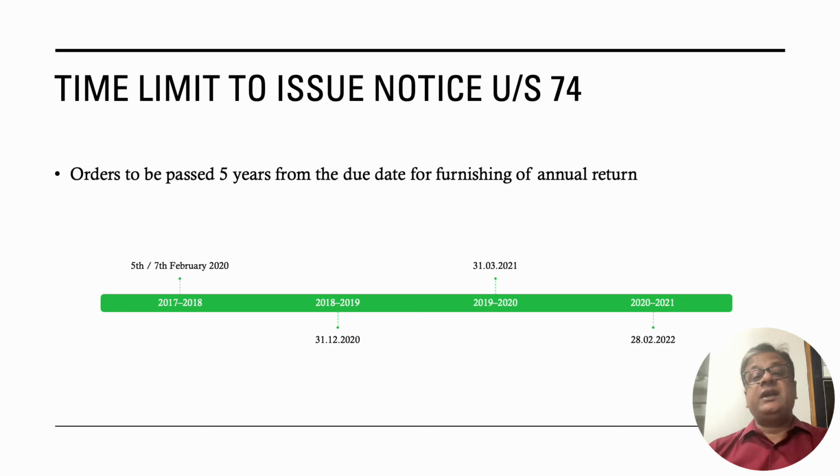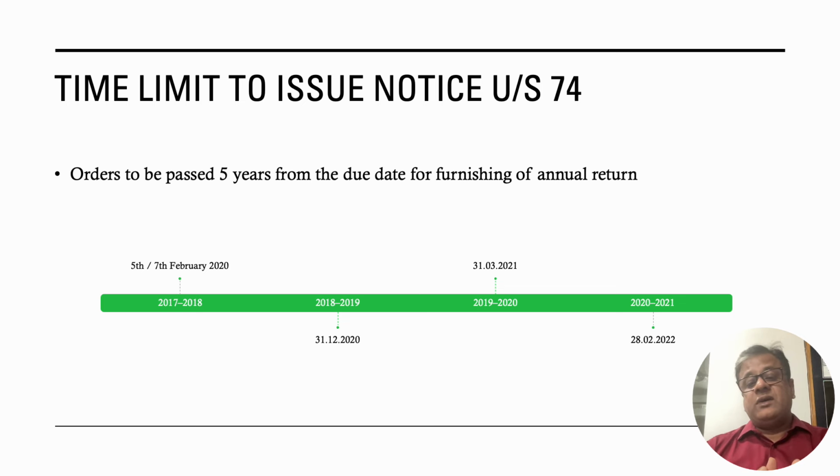Similarly, for 18-19, the due date of furnishing the annual return was 31st December 2020, so they have time till 31st December 2025 to issue the order. So 6 months before, that is by 30th June, they have to issue the notice under section 74.